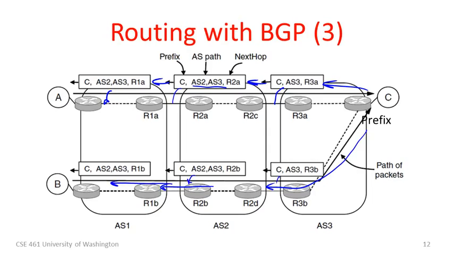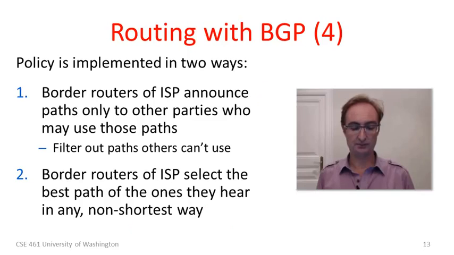It has the same AS path, but it has a different next hop because it's following a different link to get into that region, AS2, and a different link to get into that region, AS3. But these are really path vectors, and this diagram is trying to show you how they grow as the route announcement propagates through the network.